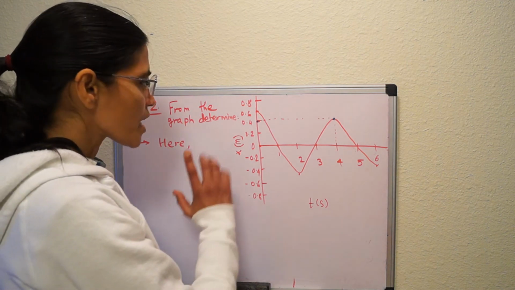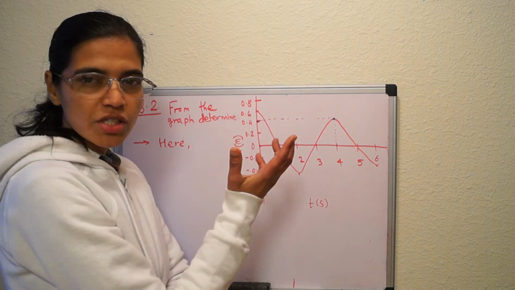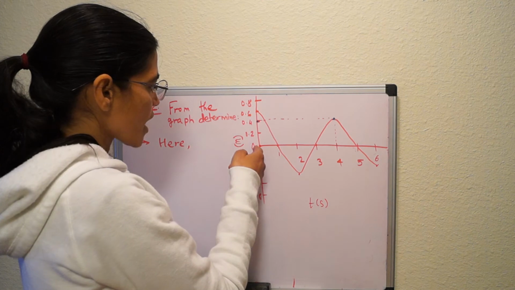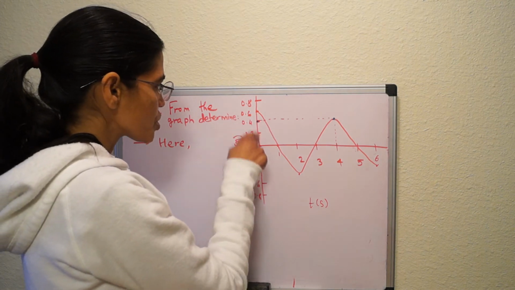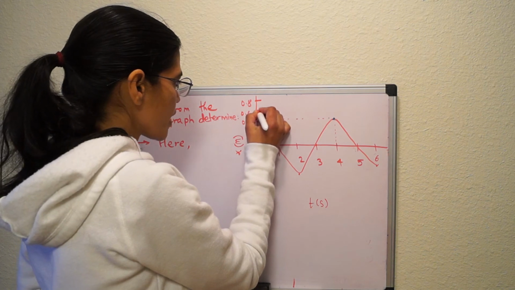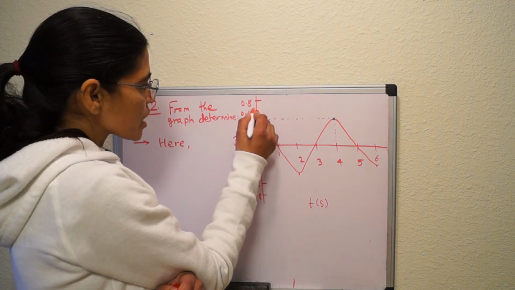Initial point, it starts with some energy. What is the energy? It is in the form of potential energy, right? At time t equal to 0, it has a potential energy.